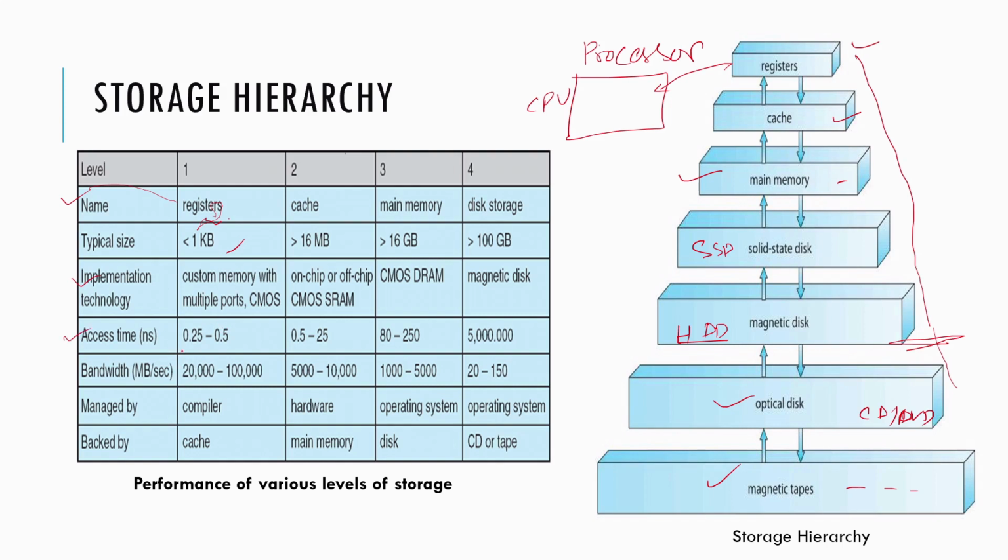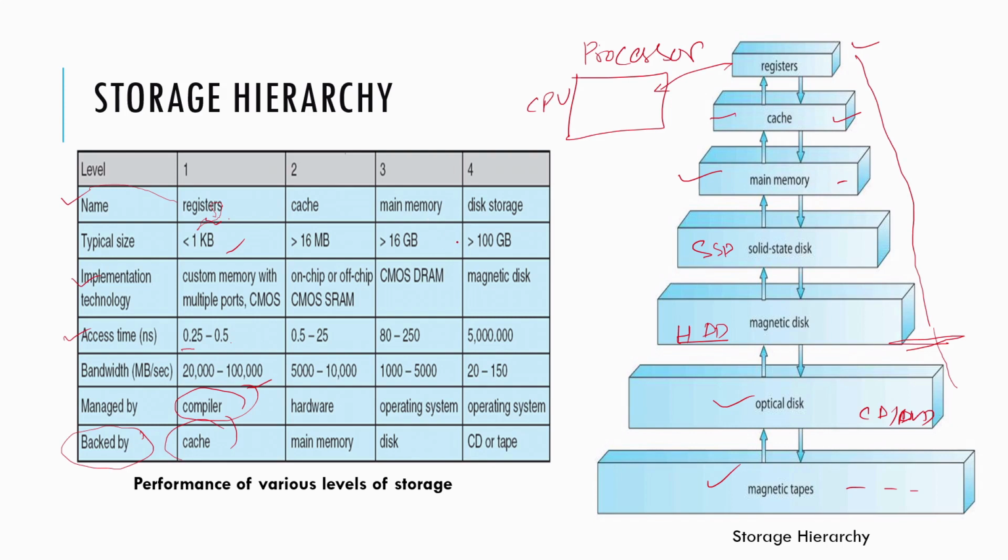Access time varies between 0.25 and 0.5 nanoseconds, so it's very small. Bandwidth is 20,000 to 100,000 MB per second, and it is managed by the compiler and backed by the cache memory.